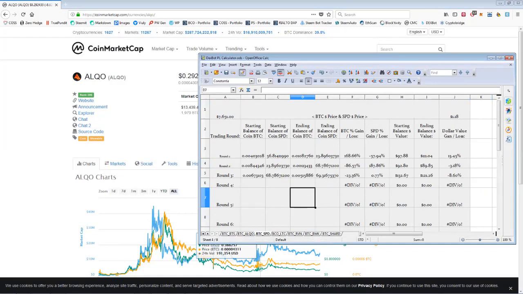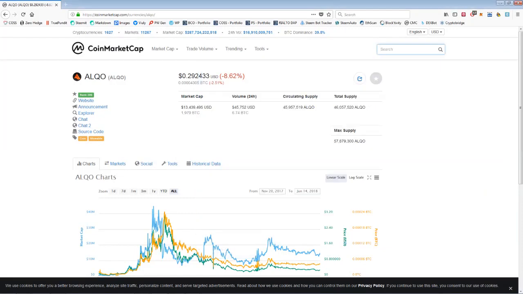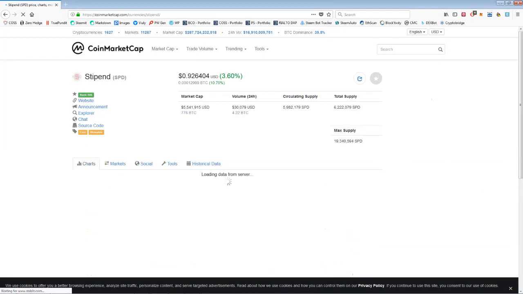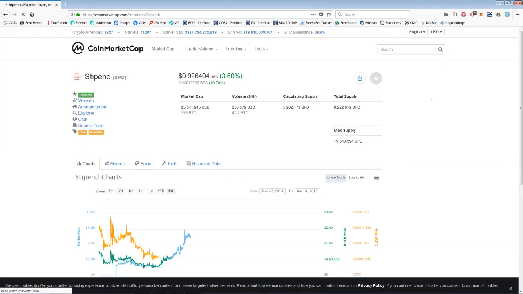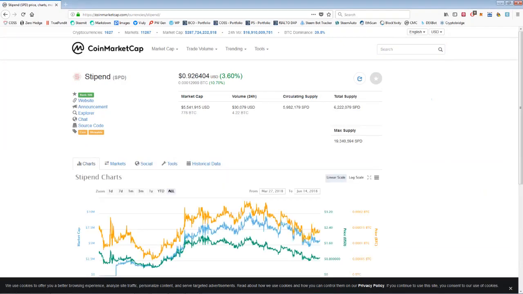Stipend. This is another real speculative bet that I've caught on to here on the CryptoBridge exchange. I think it's trying to be like a smart contract network that's specific to the freelancer community.